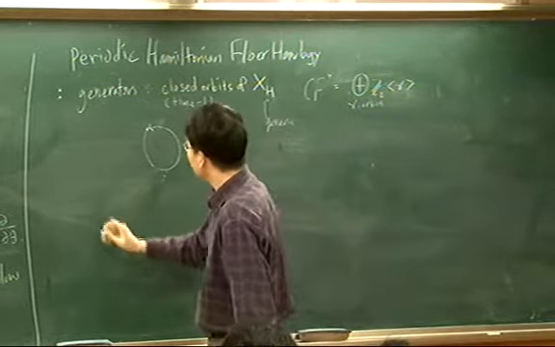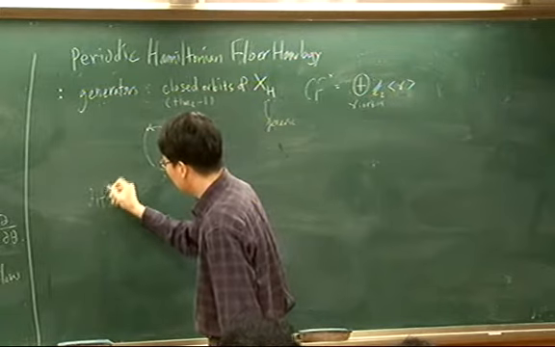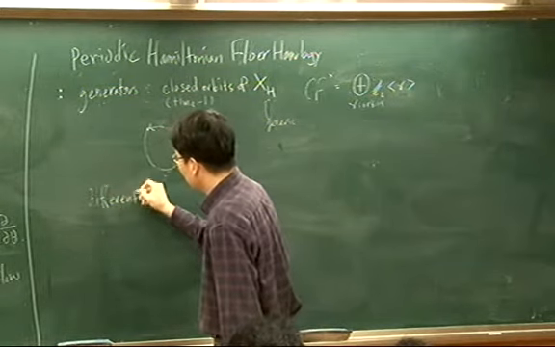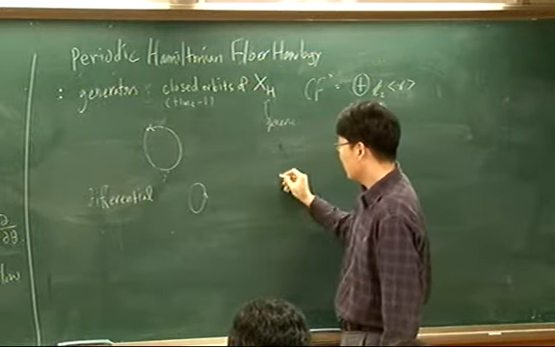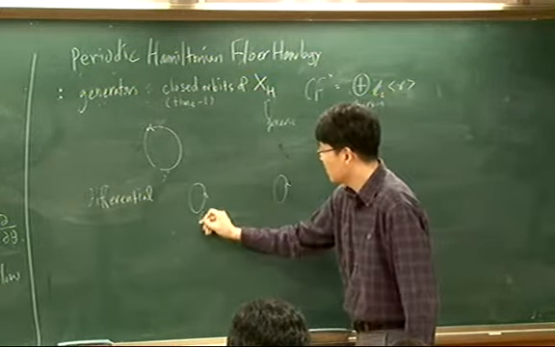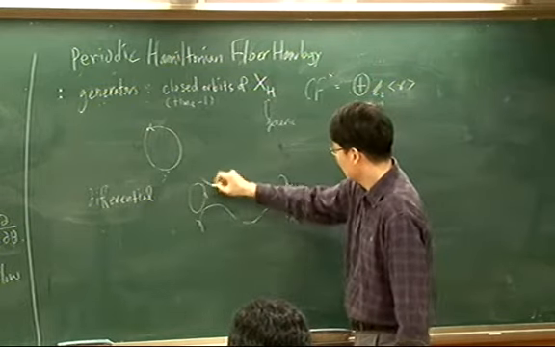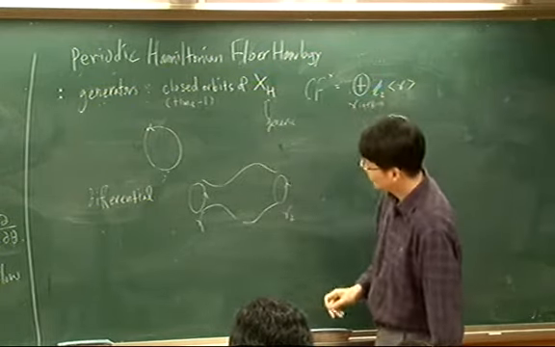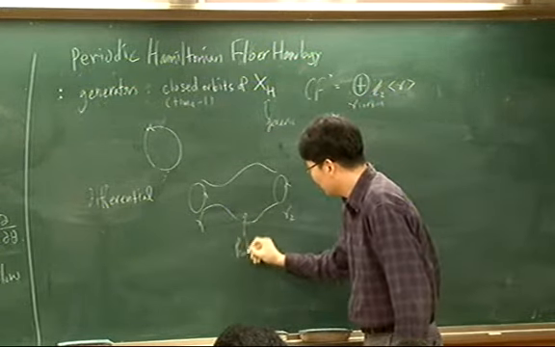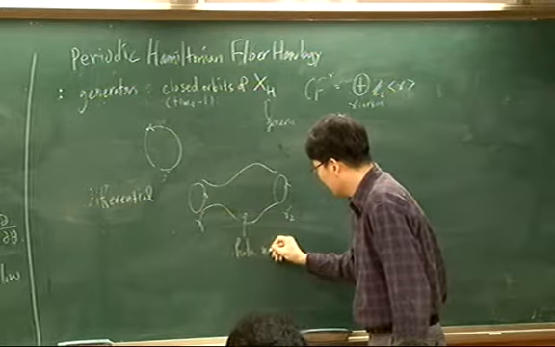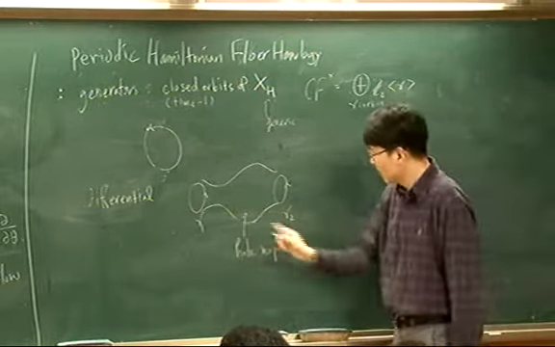And the differential of this chain complex is given by the following. If you have two orbits, let's say gamma 1 and gamma 2, then you count some holomorphic maps connecting these two.